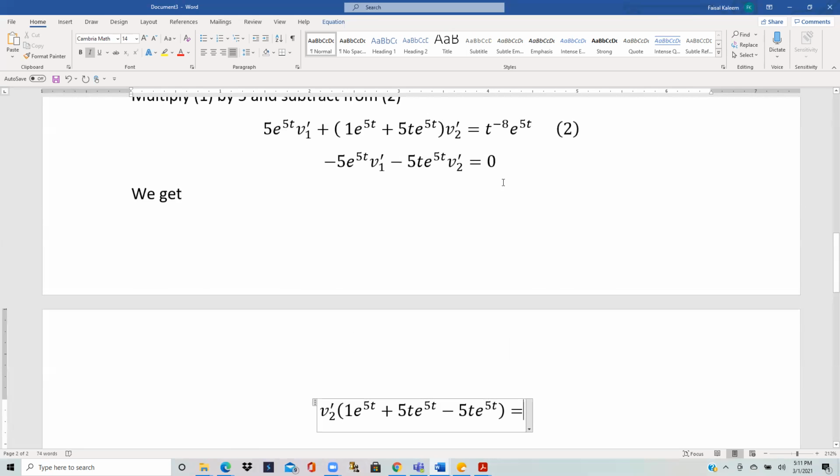And then on the right side, it's t to the negative 8 e to the 5t plus 0. So that's just t to the negative 8 e^5t.